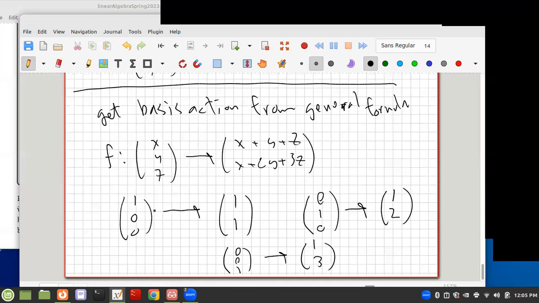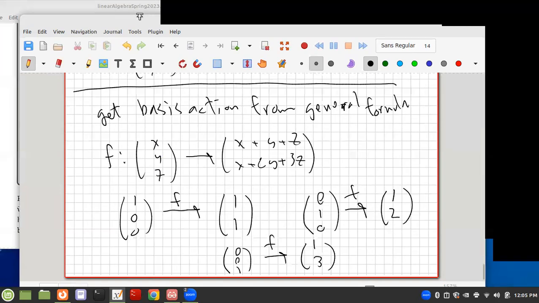So I've got the images under F of the three basis vectors by just doing special cases of the general formula. So I can go back and forth between the general formula and the basis action. That's really important because the bases tell you a lot about the map.